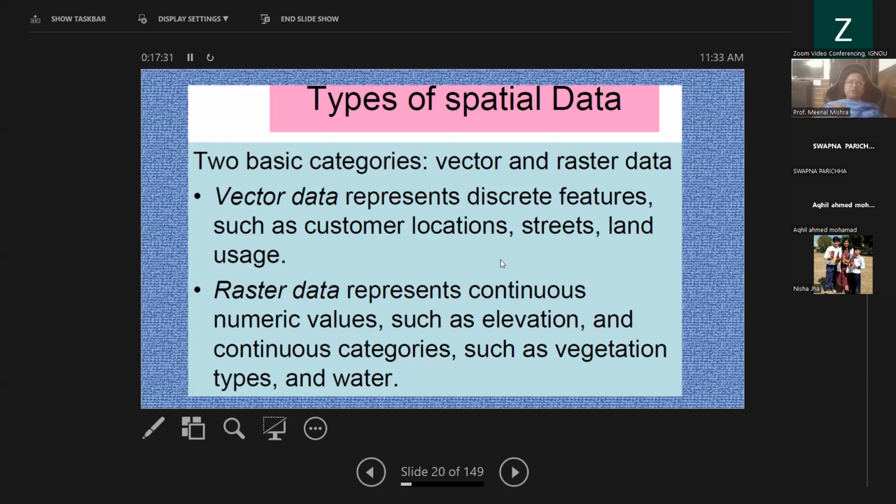Raster data represents continuous numeric values such as elevation and continuous categories like vegetation types and water. So listen very carefully. Spatial data can be of two broad categories, that is vector and raster data.